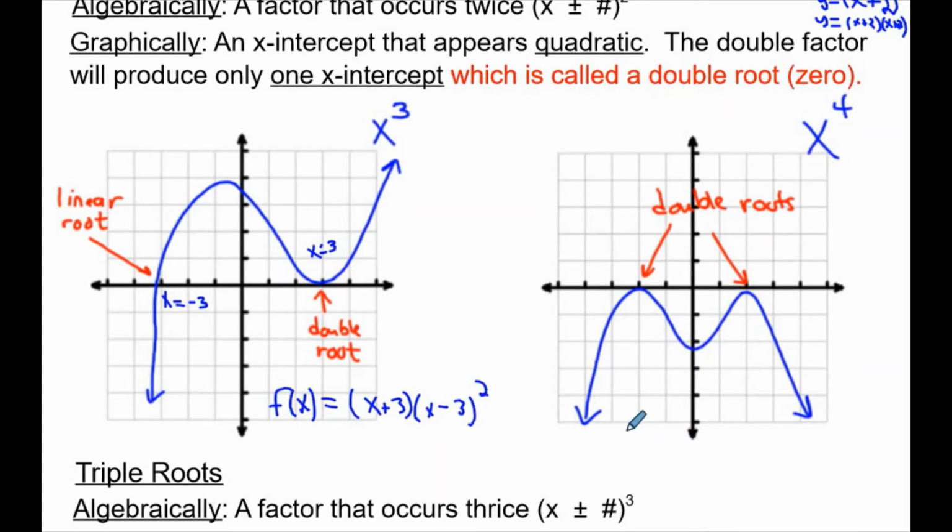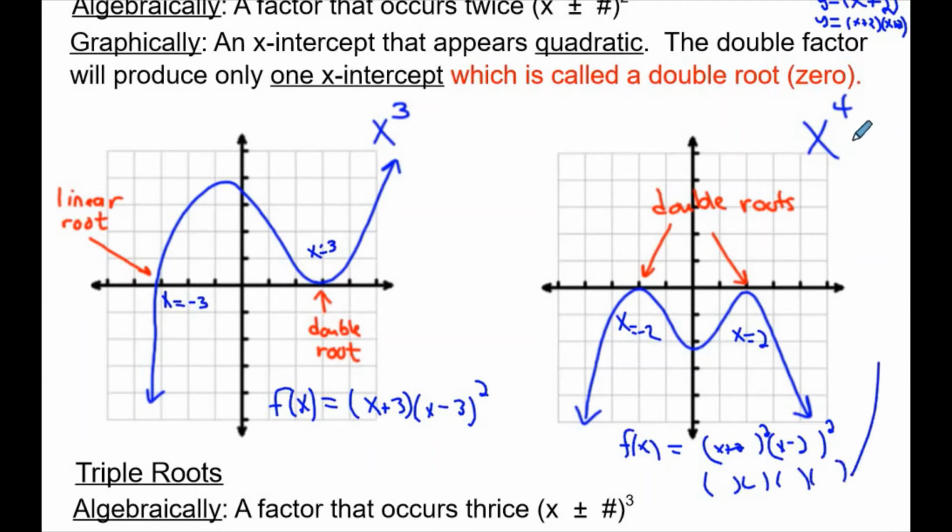Okay, over here, if this was a function called f of x, then this would have a factor at x equals -2 and x equals 2. They would both be double roots. So when I wrote this one down, it would be x plus 2. And when I wrote this one down, it would be x minus 2. And they both would be squared. And if you add them all up, remember this is 2 here, and this is 2 here, that comes out to 4.